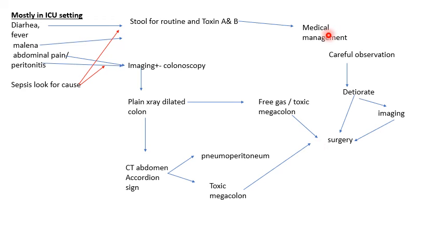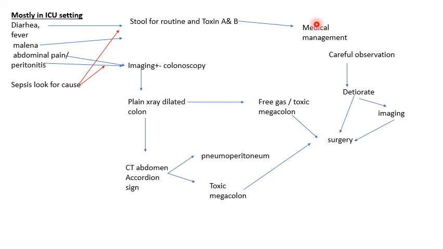Now, in the medical management, it's not that you just put medical management and forget. No, you need careful observation because they can deteriorate. A very simple diarrhea can move into a severe abdominal problem. So once they deteriorate, you will take for imaging and surgery, or based on maybe your clinical findings are so clear cut at that point, you might go to surgery without wasting your time on unnecessary imaging also.